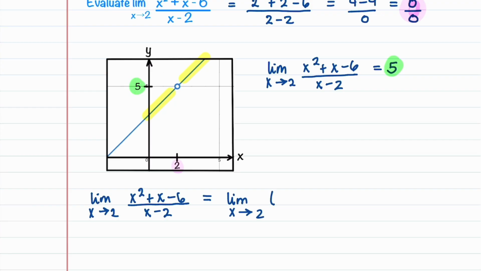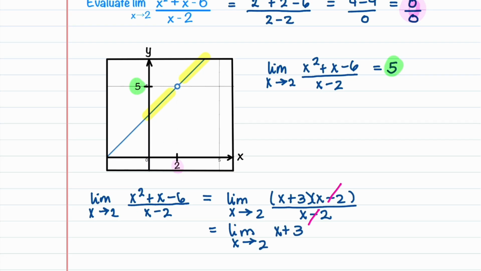Factoring the top, we have x plus 3 and x minus 2, all divided by x minus 2. You can see that these two terms cancel, and this gives us the limit as x goes to 2 of x plus 3. Now we can just plug in what x is, and we get 2 plus 3 is equal to 5. And that agrees with the answer that we got from looking at the graph.